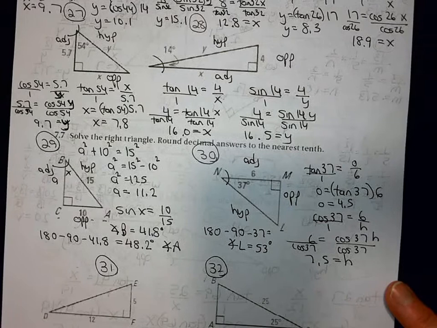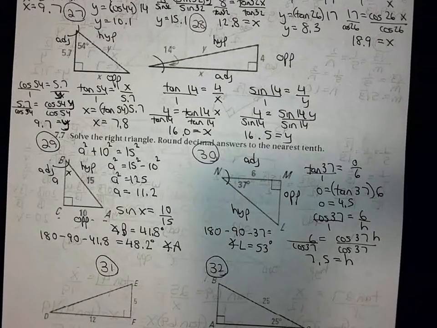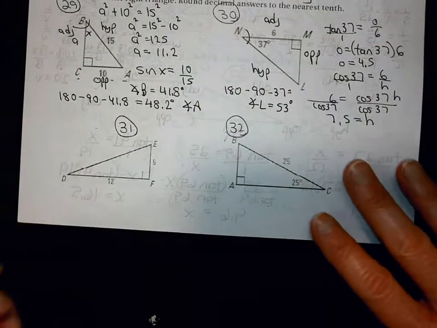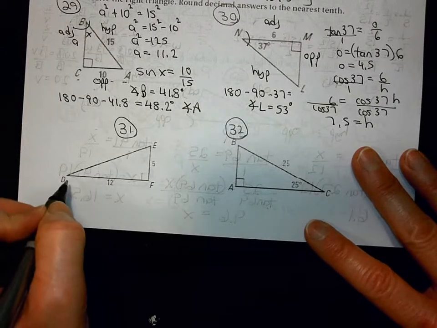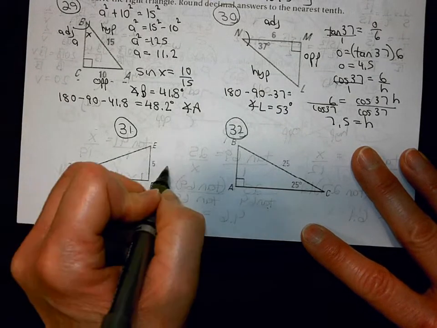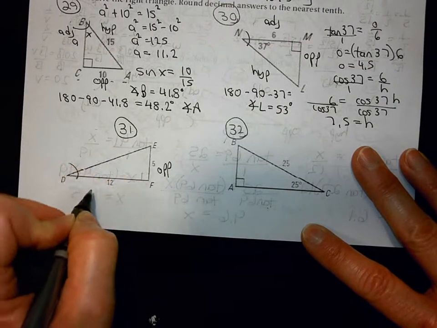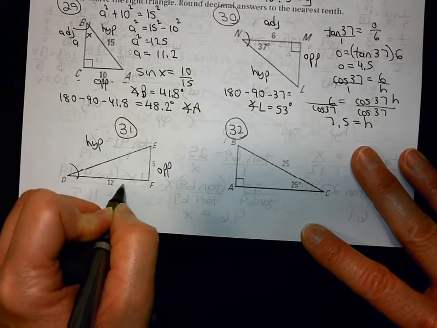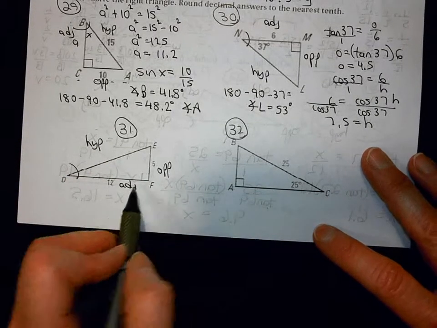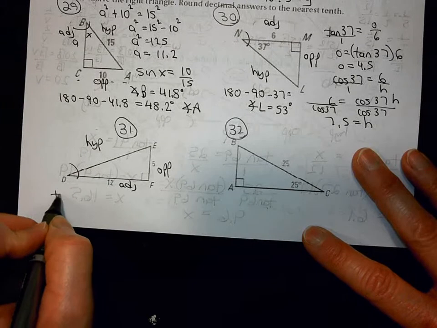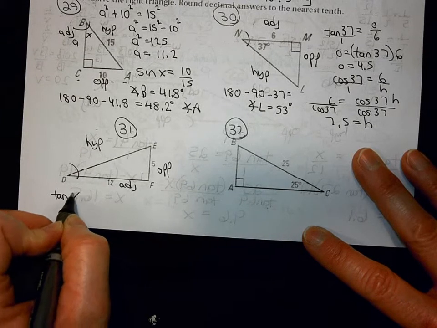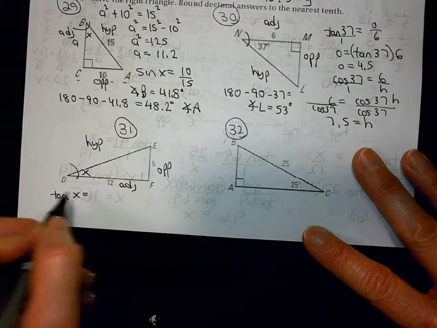Okay, two more. Alright, if we take a look at this one, we don't know any angles, but we do know sides, so I'm going to stand on D. So opposite, hypotenuse, adjacent. I know O and A, so I'm going to use tan. So tangent of my missing angle is going to be opposite over adjacent.